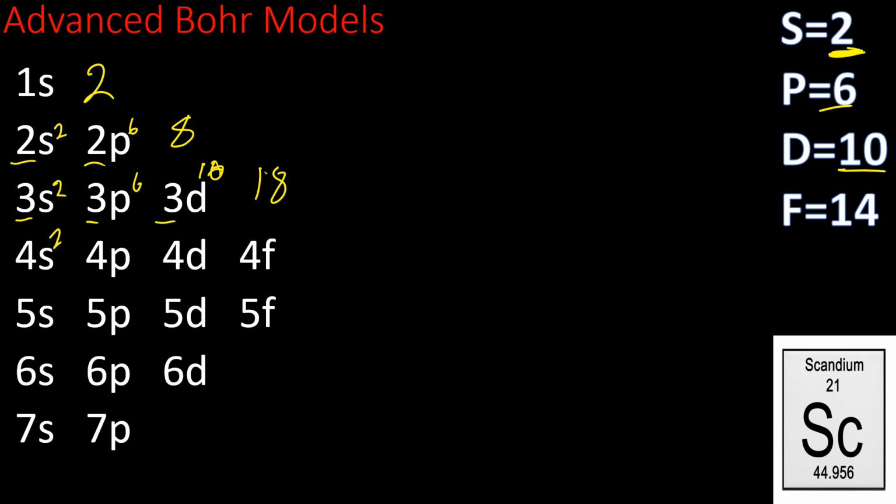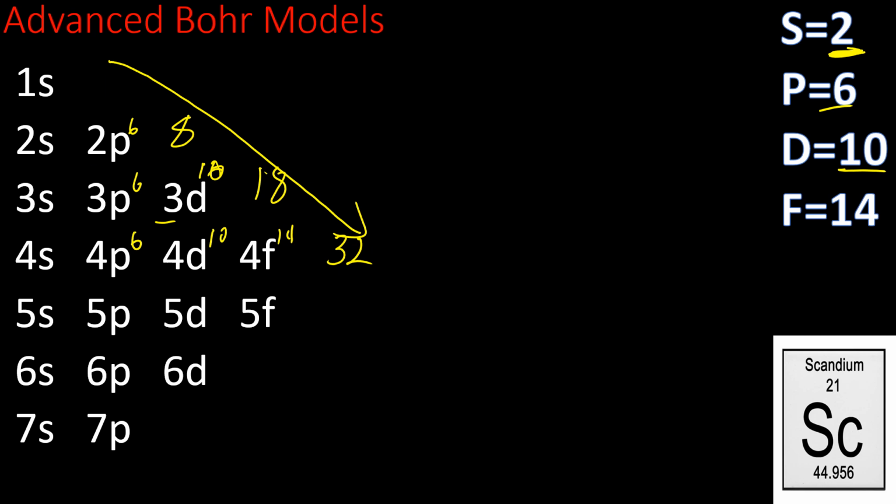Fourth shell: s, p, d, f, 32. And so you can see how we get this increasing pattern. We're going to go ahead and do an element to show you how this all works.